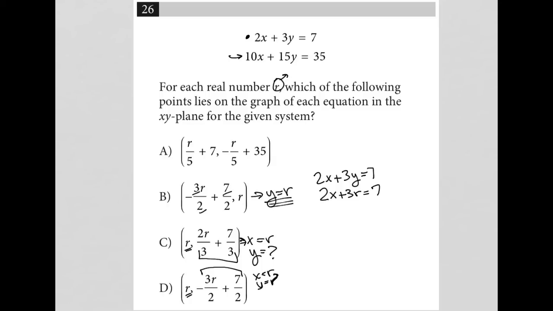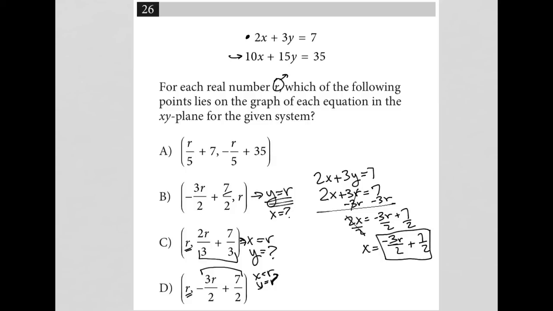And now I'm solving for x, right? I want to know what x is. So I'm going to subtract 3r from both sides. I have 2x equals negative 3r plus 7. I'm going to then divide everything by 2, and I'm left with x equals negative 3r over 2 plus 7 over 2. Is that what choice B tells me x should equal? Yes, it does, negative 3r over 2 plus 7 over 2. So that means B is the correct answer, right?